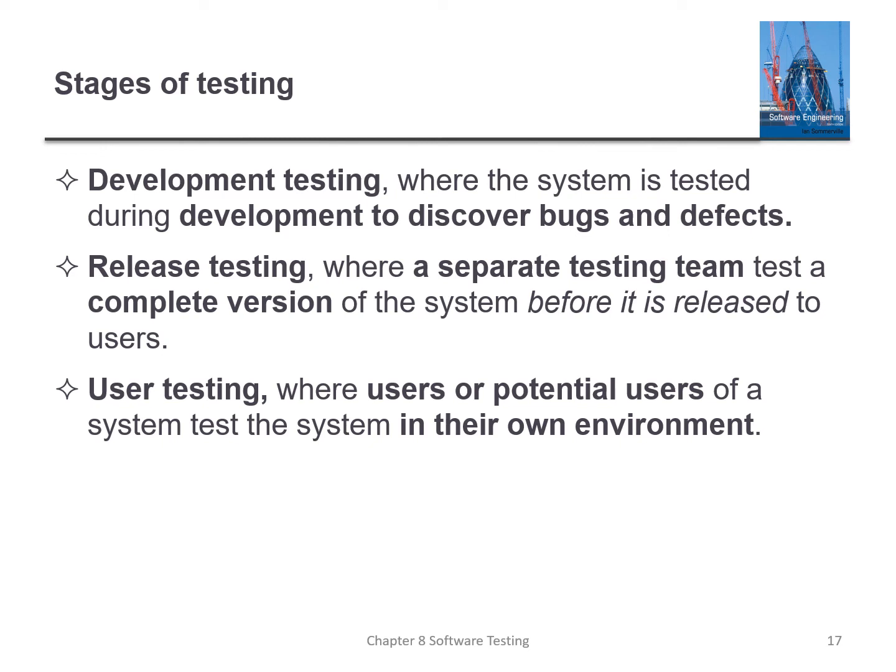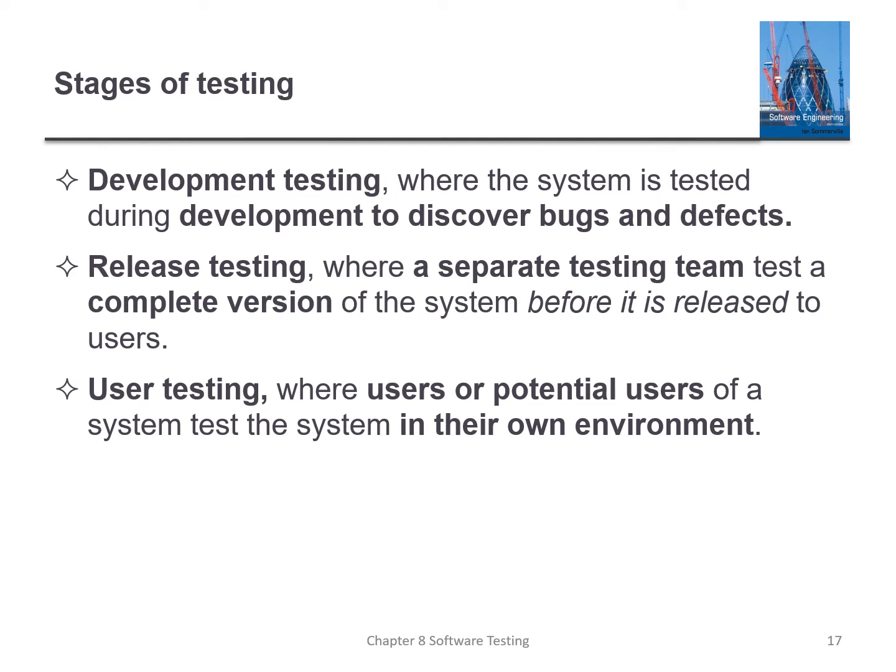And then when the system is ready, it is in the release testing stage, which is performed by a separate testing team. So this is not done by the developer anymore. It is done by another team to test the complete version of the system.